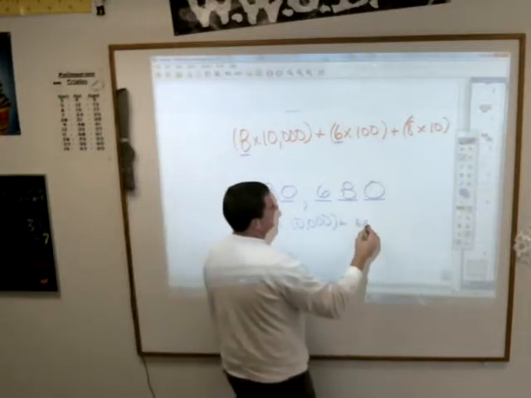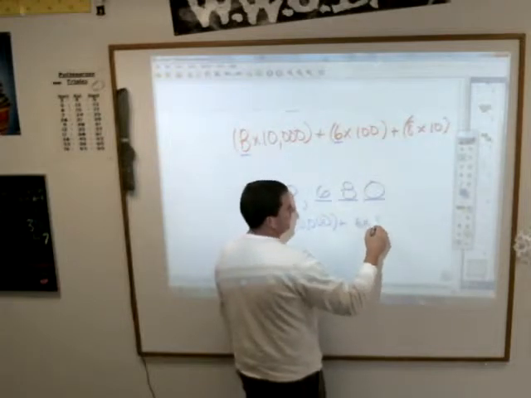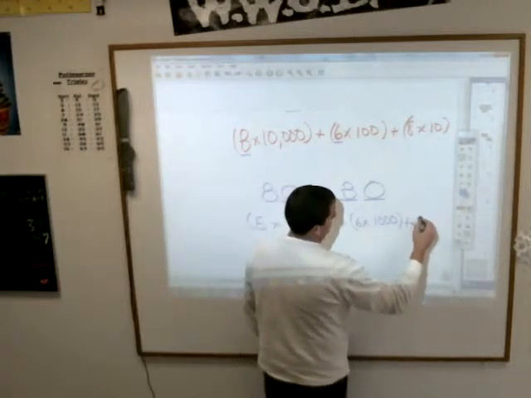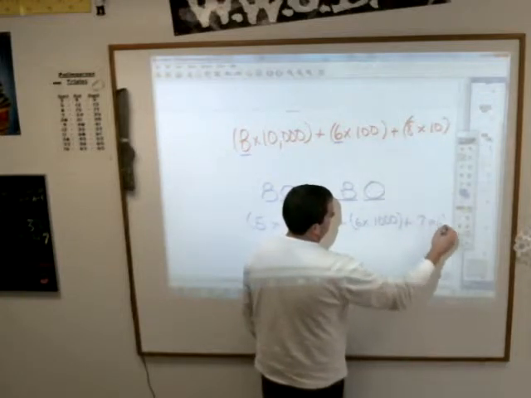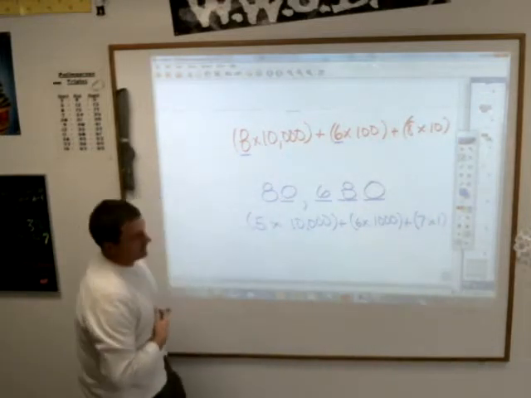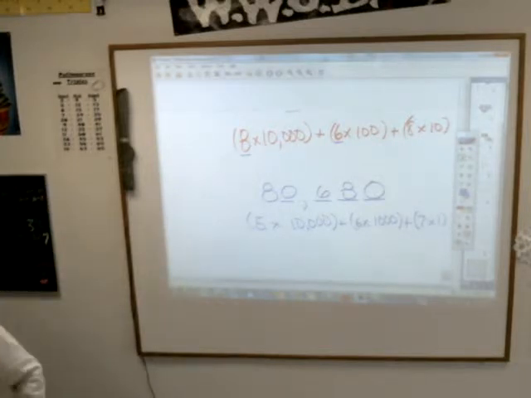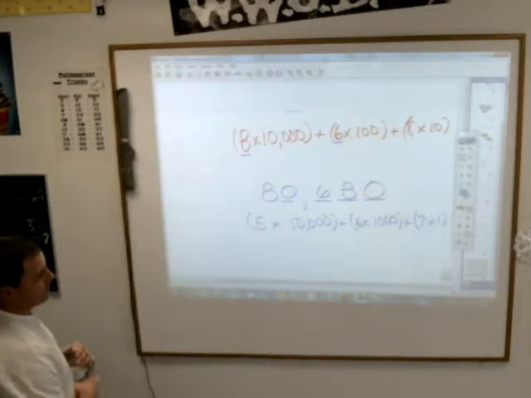Okay? Another one, what if I have 5 times 10,000 again, plus 6 times 1,000 plus 7 times 1. Write me the standard form of that expanded notation thing there. What would that be in standard form?